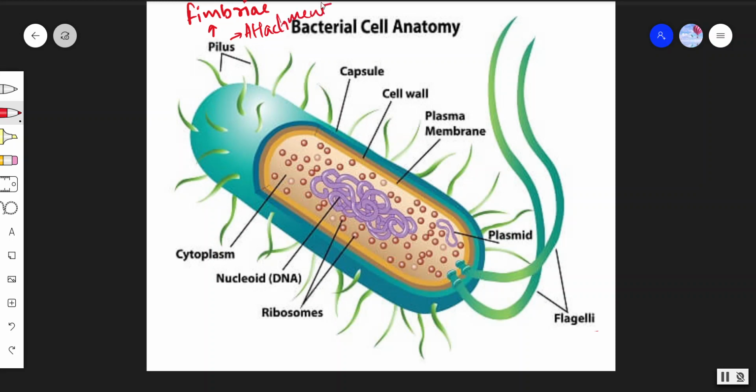Okay, they also contain a protein called pilin.